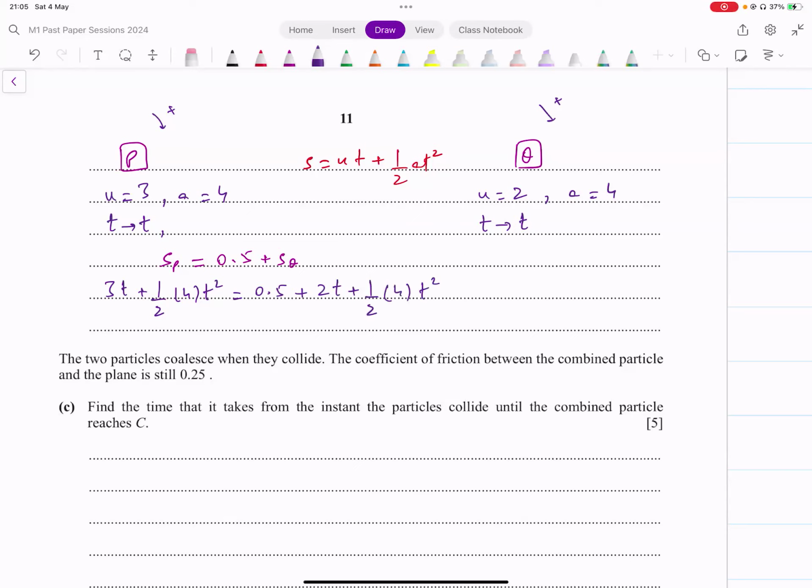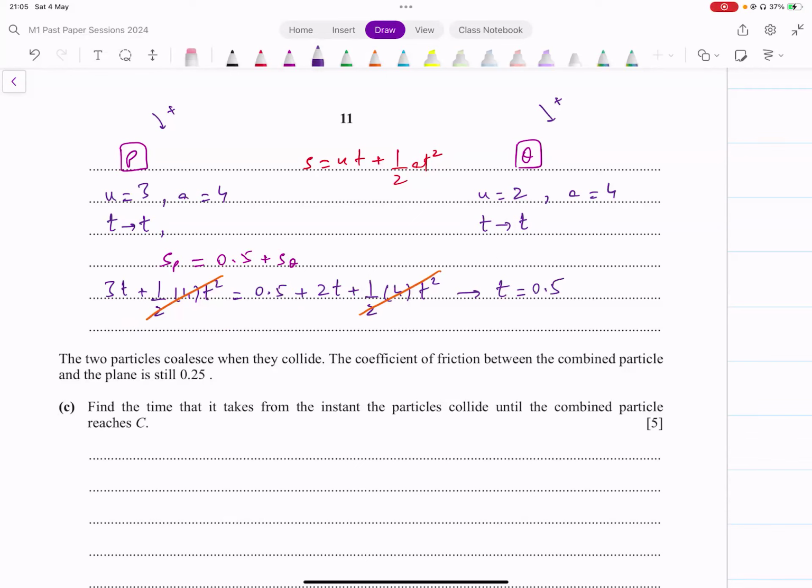And this is going to give you a time value. Now, you see on both sides, this term gets cancelled, right? They're both the same. And this gives you time equal to, because this goes to the other side, it becomes 3T minus 2T, that becomes T, and this time turns out to be 0.5 seconds.